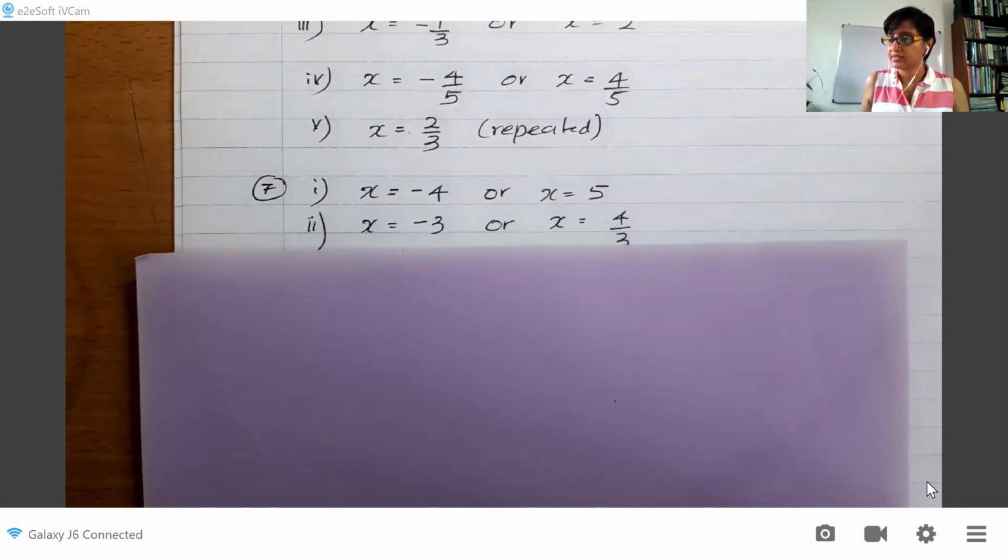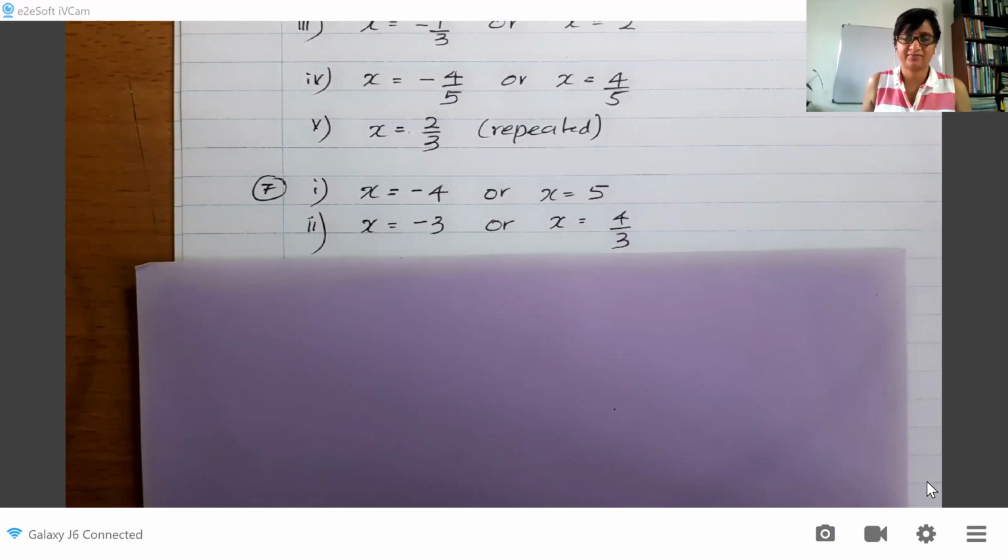Part 2, x equals minus 3 or x equals 4/3. 4/3, which you may have written as 1 and 1/3. It's an improper fraction, but you can leave it like that in these cases.